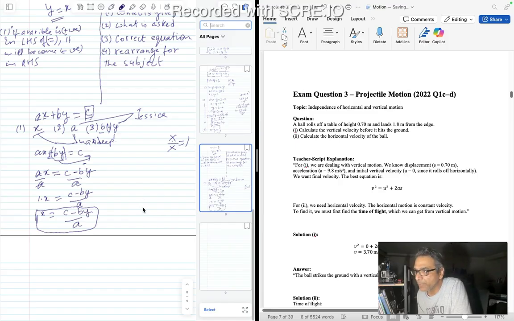For example, if I say ax is equal to 3, then x will be 3 by a. So if it is in a product, on the other side it will be a divisor.